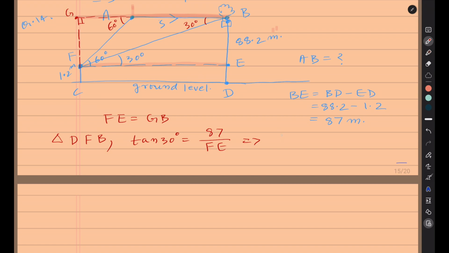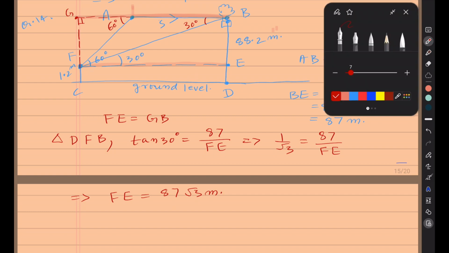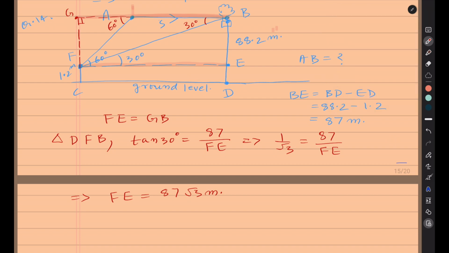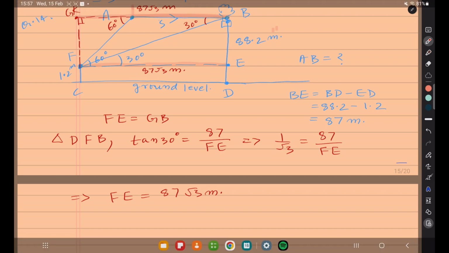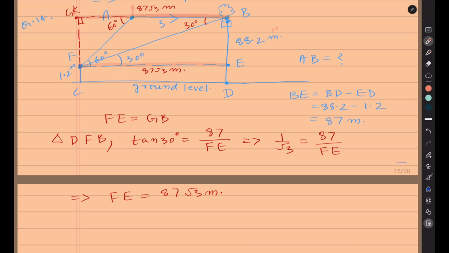So with this we know that tan 30 is 1 divided by root 3, 87 by FE, and with this one we can actually find this distance. 87 root 3 meter. So this will also be 87 root 3 meter, because these two things are these two up to this point basically.